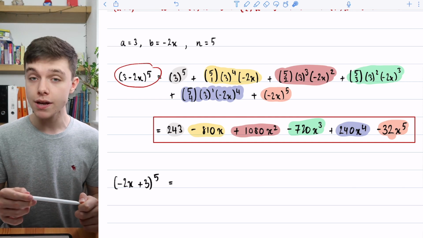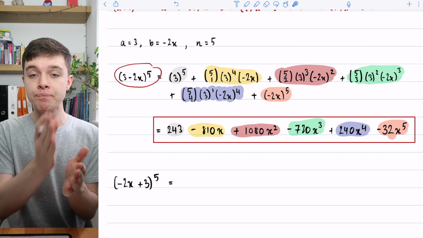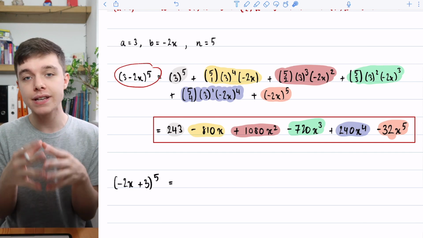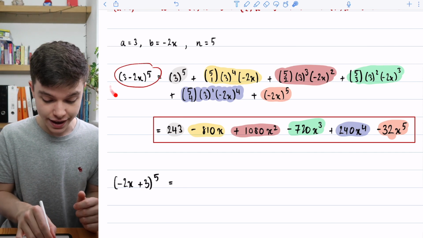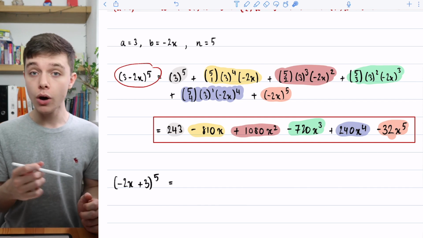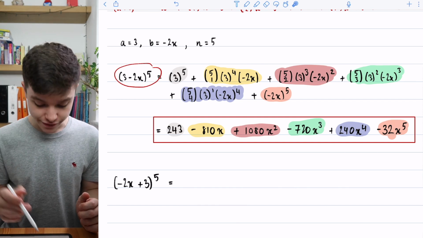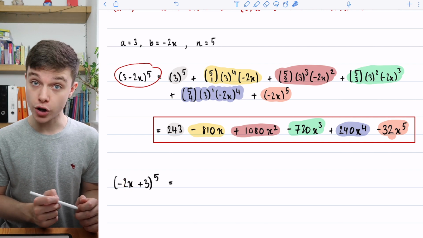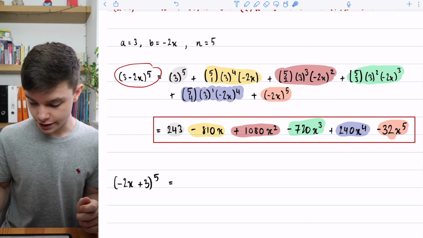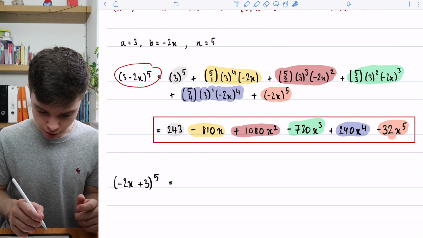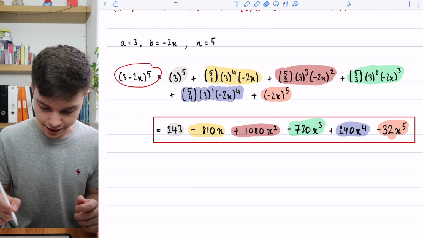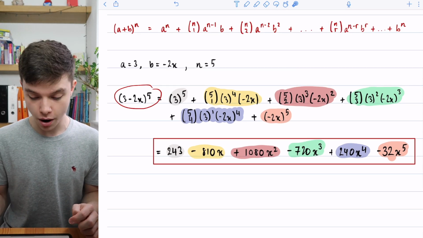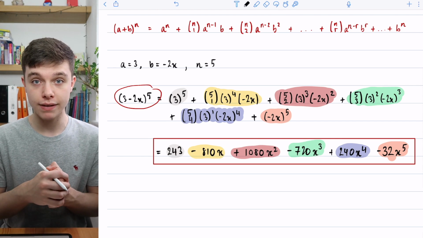So sometimes you are asked to give your answer in increasing powers of x. If that's the case, do it like this with your x term second. Or, if you want decreasing powers of x, then do your x term first. And then you will get it straight away in the order that you need. But don't worry about that, because it didn't ask for that. We just did the expansion straight away. So hopefully you were able to do that.